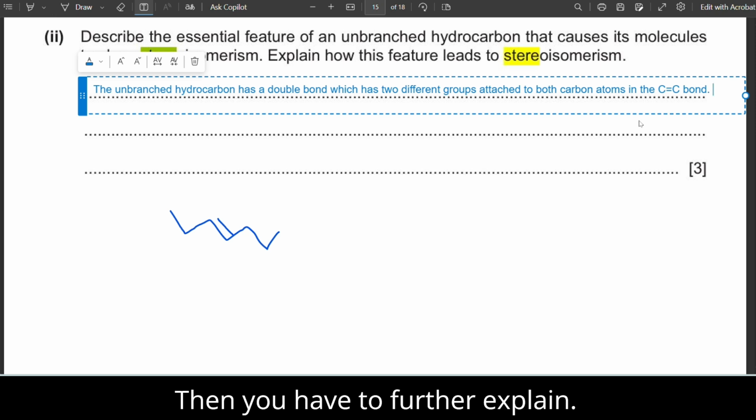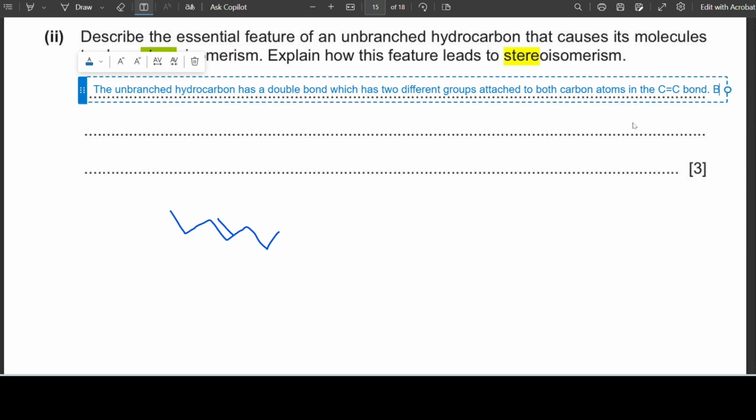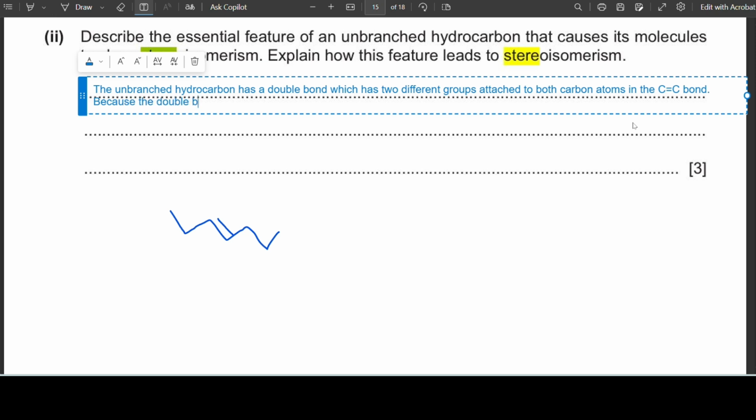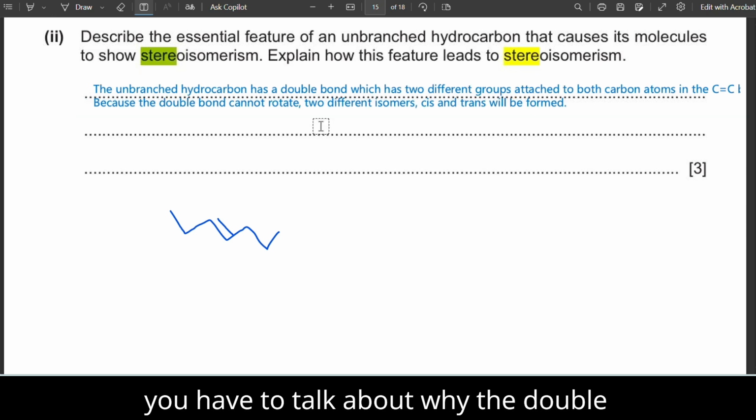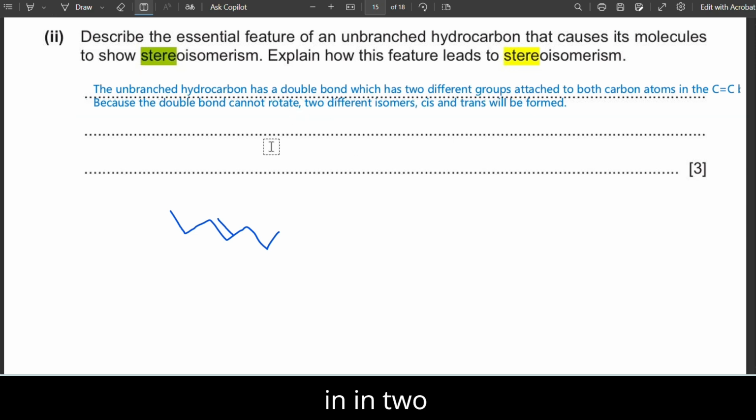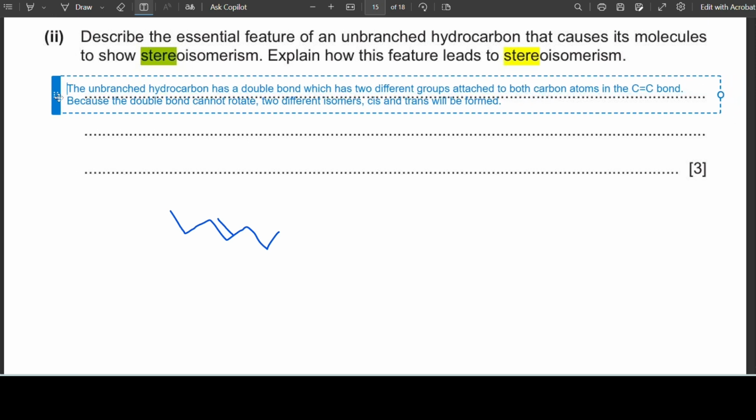Then you have to further explain why the double bond cannot rotate and that it will result in two isomers.